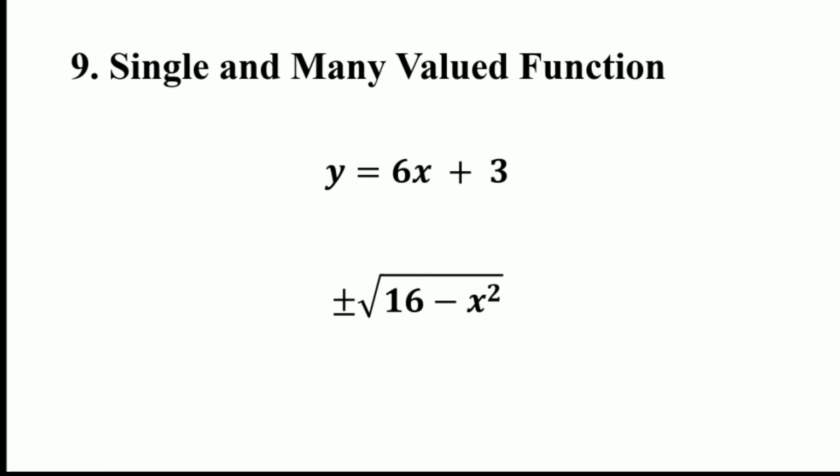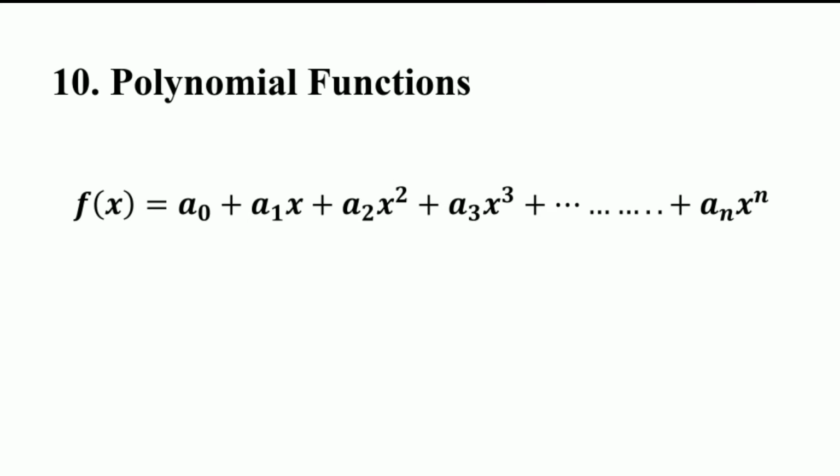That is, for each value of x, there corresponds more than one value of y, then y is called a many valued or multi-valued function. For example, plus or minus root of 16 minus x square. If you solve this equation, we will get more than one value of y. Then we can say that such a function is a many valued or multi-valued function.